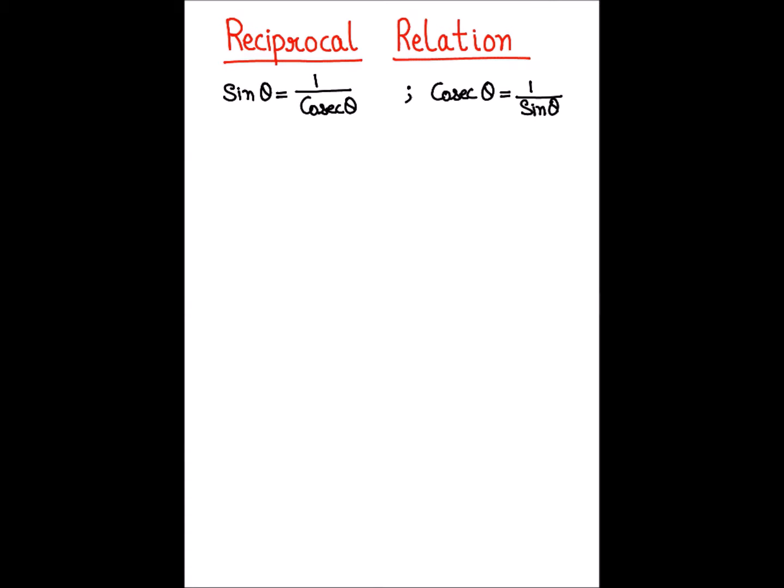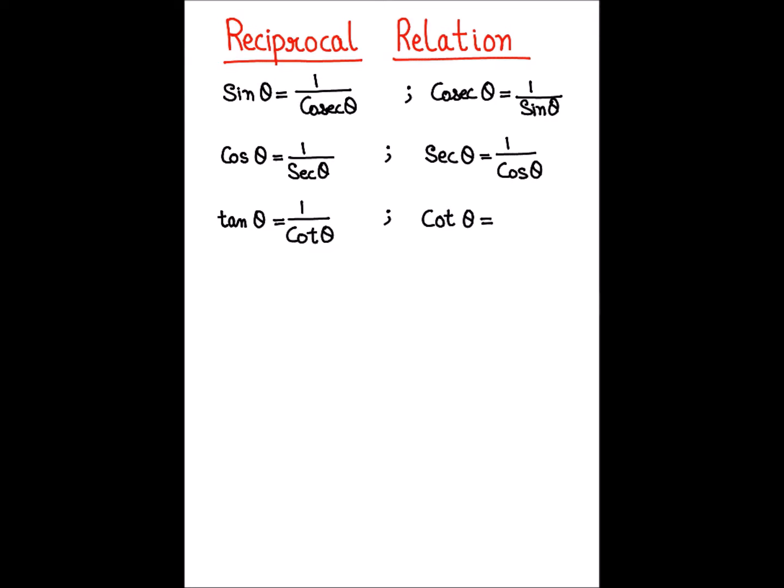Cos theta is the reciprocal of sec theta, and sec theta is the reciprocal of cos theta. Lastly, tan theta is the reciprocal of cot theta, and cot theta is the reciprocal of tan theta.